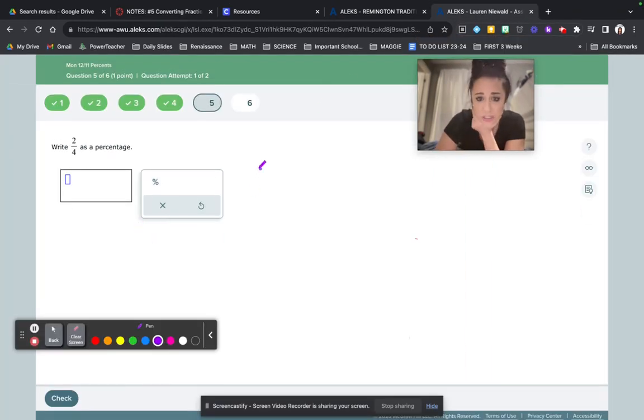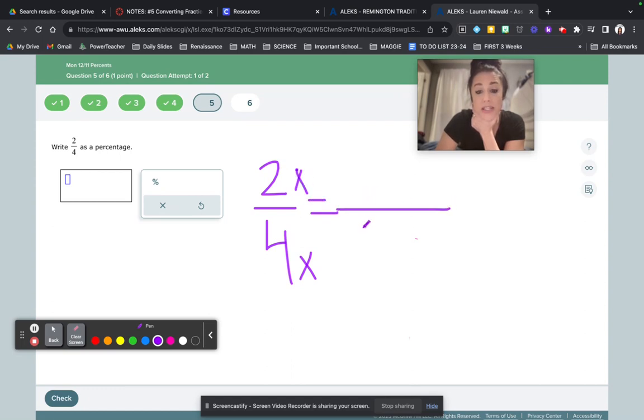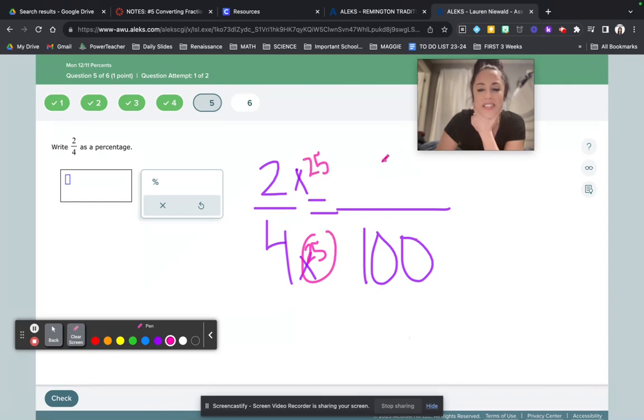So we have 2/4, right? If you can't automatically figure out what percent that is, you can say, okay, how can I get this to be 100 on the bottom? Because a percent is out of 100, right? I know if I take 4 and multiply it by 25, I get 100. Whatever you do to the bottom, you have to do the top, right? So 2 times 25 is 50.